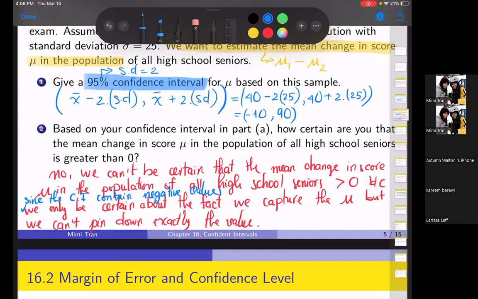So again, a confidence interval only tells you that the mean is somewhere between the two numbers, but you don't know where the population mean is. Now I can tell the X bar. I'm pretty sure X bar is going to be positive, because X bar is just the average of the two endpoints. If negative 10 plus 90, which is 80, divided by 2, is 40. So X bar is positive, but mu, not sure.